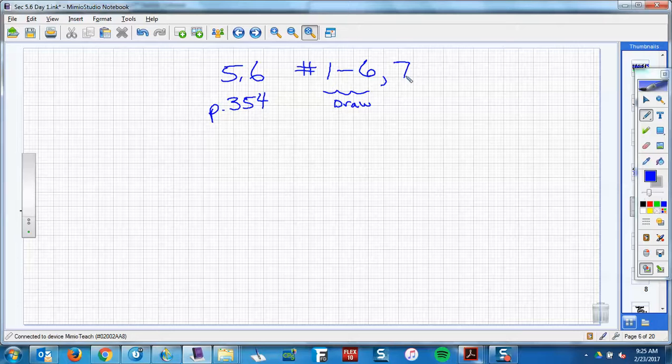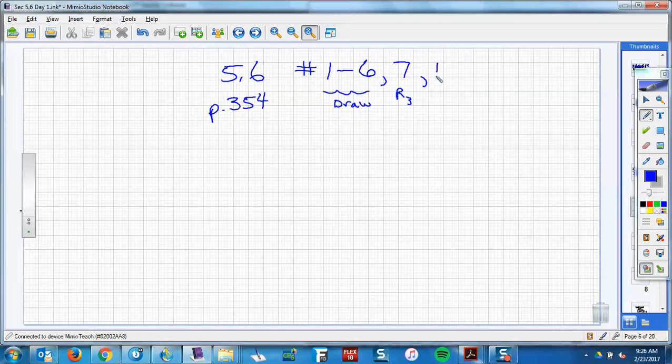Okay, number 7 gives you a graph, and it says estimate the integral from 1 to 7 using a right sum with 3 equal subintervals. So they want an R3, but notice it didn't say to draw. So at number 7, you're just going to do an R3, but you don't have to draw them. Now, if you want to, you can, but you're just going to write out an R3 and calculate, okay?